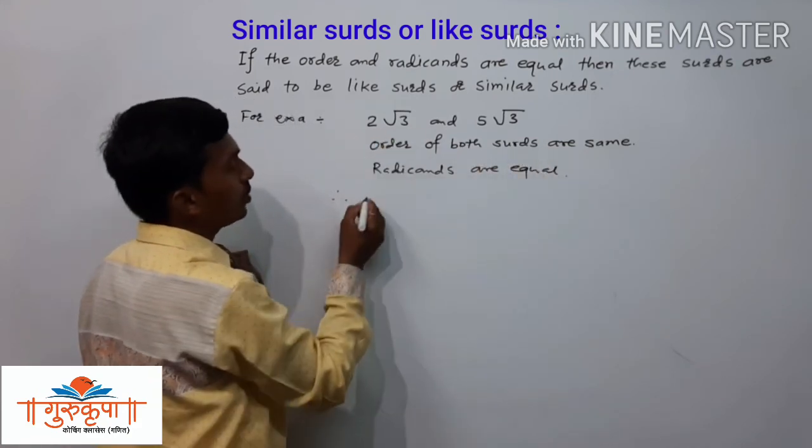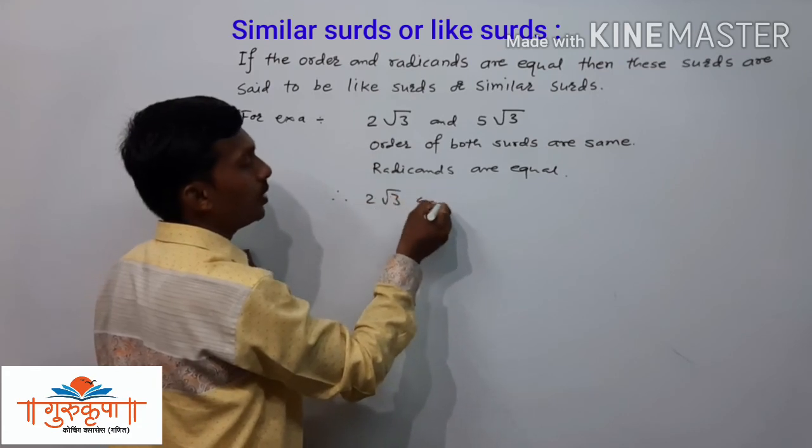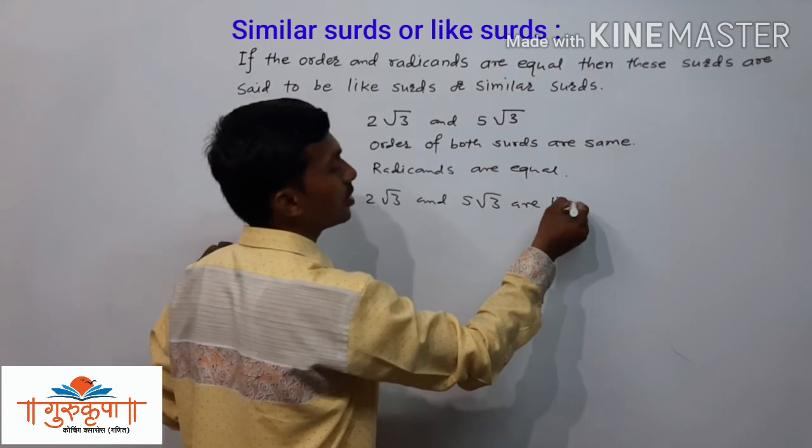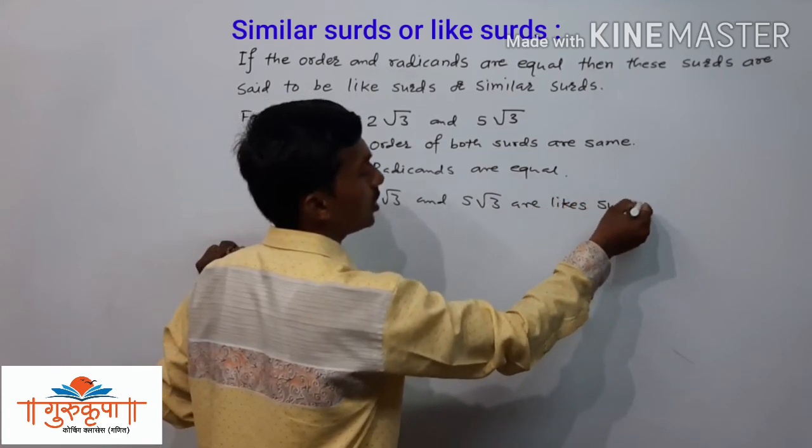Therefore, 2 root 3 and 5 root 3 are called like surds.